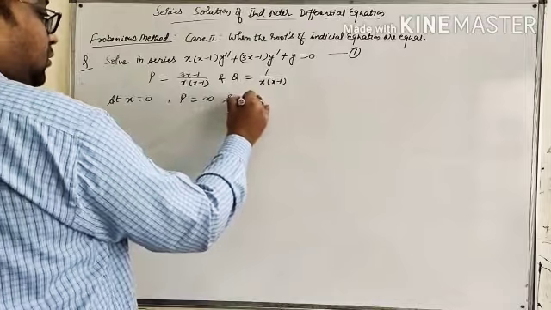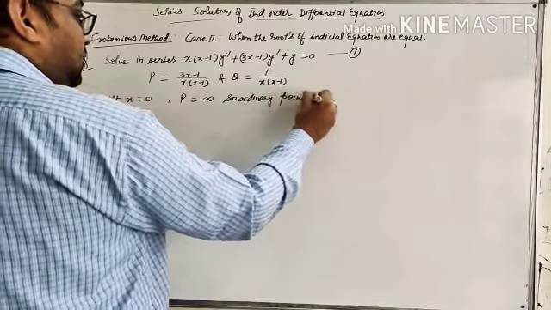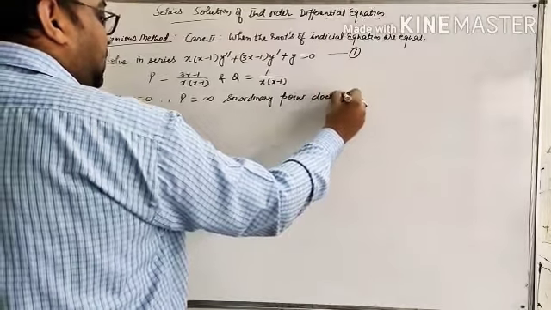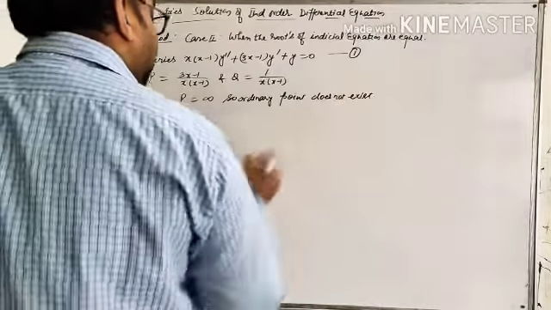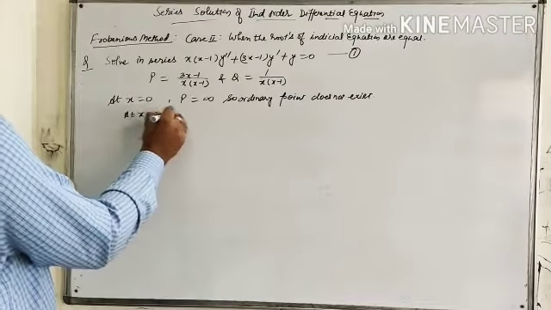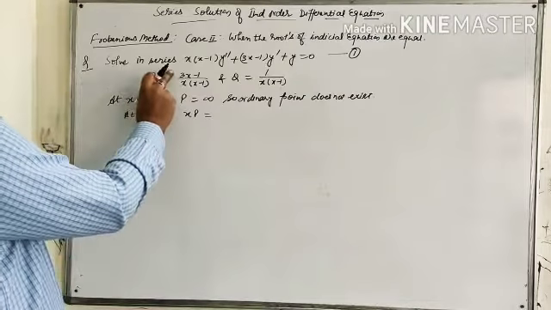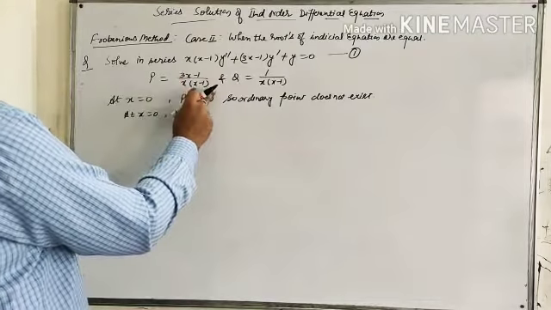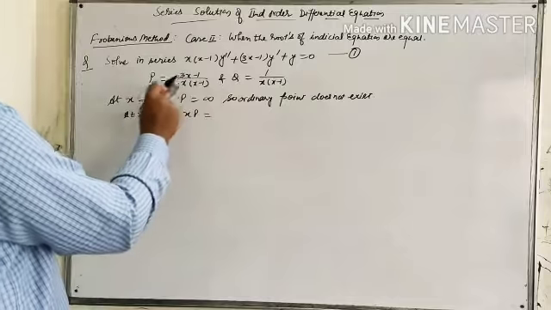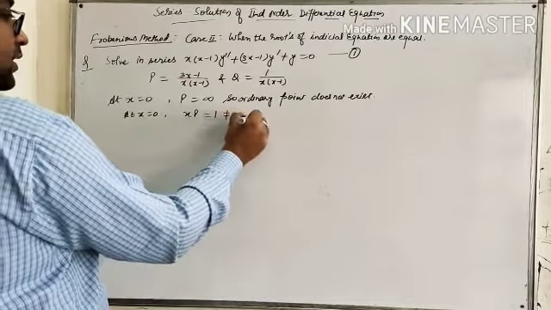So an ordinary point does not exist. Now we have to check for a singular point. So at x equals to 0, xp, when we multiply by x, will convert into (3x minus 1) upon (x minus 1), and when we put x equals to 0 then it will become 1, which is not equals to infinite.